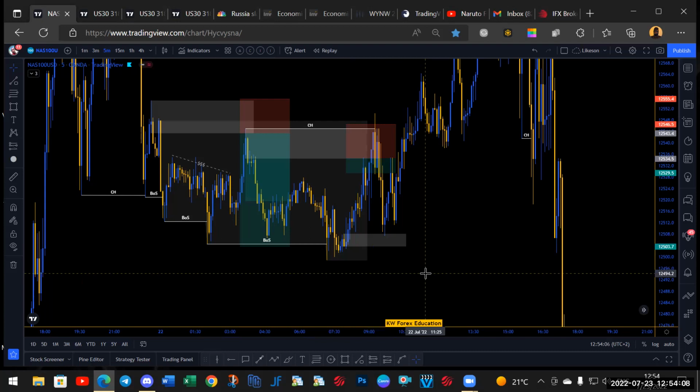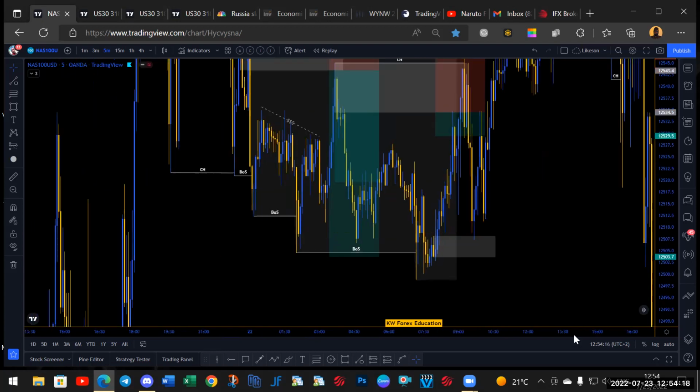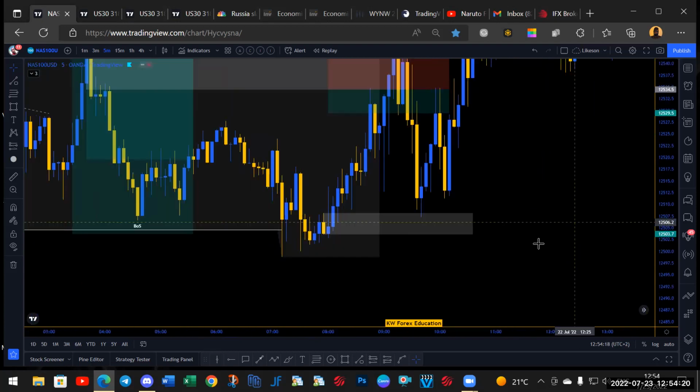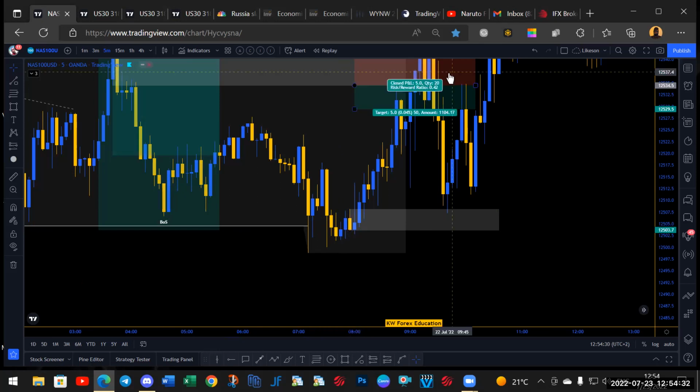You see, we are refining it so that we can get a better entry, because normally an order block always pushes that sharp movement to the upward, right?